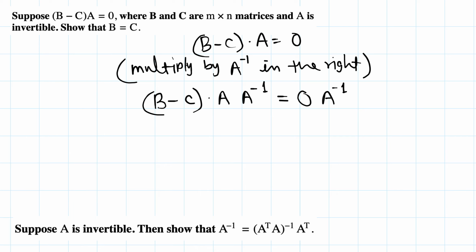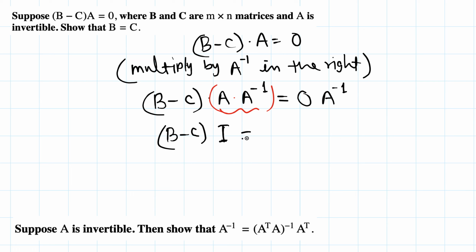Matrix multiplication is associative, so we can group these two. A times A inverse is the identity matrix. So this is B minus C times the identity matrix I.